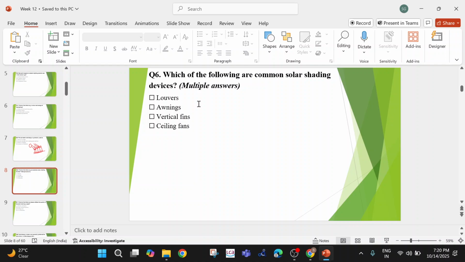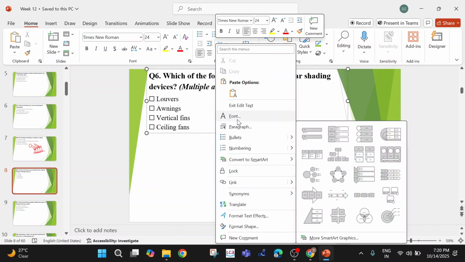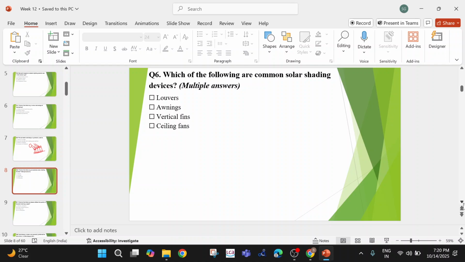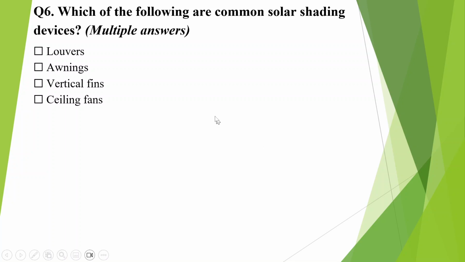When solving it, you mark the tick box for the first 3 options, so that you know the passive elements such as louvers, awnings and vertical fins all control the solar radiation while permitting natural light inside. Fine, all of your concepts are good. Let us move to the 7th question then.